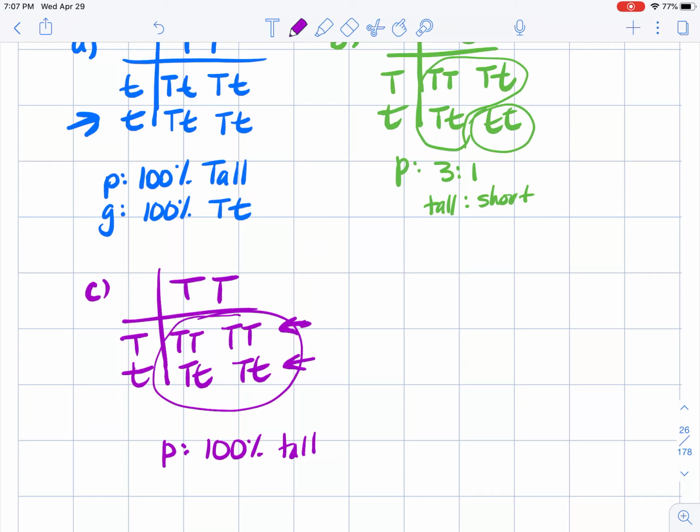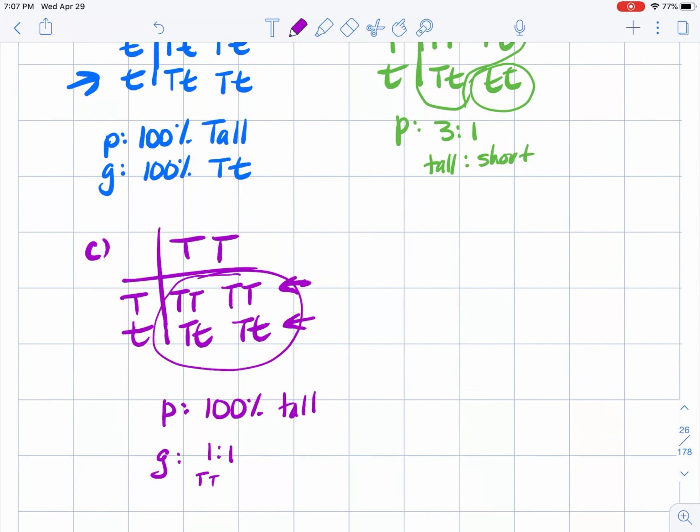If you were looking at these in your garden, you could not tell the difference between a homozygous genetically tall plant or a heterozygous genetically tall plant. If they asked you about genotype of your offspring, then you could say it would be a 1-to-1 ratio of homozygous tall and heterozygous tall. But we're going to stick to phenotypes, I think, for this question.